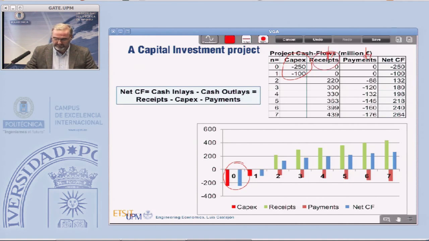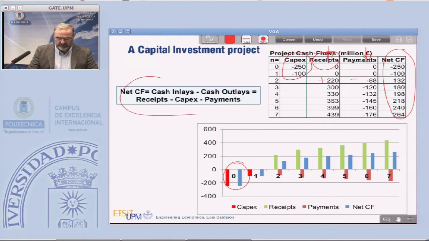The receipts have positive signs, and the outlays, the payments, have negative signs. So we can calculate for every year the net cash flow. The net cash flow is cash inlays minus cash outlays, which is receipts minus capex minus payments.